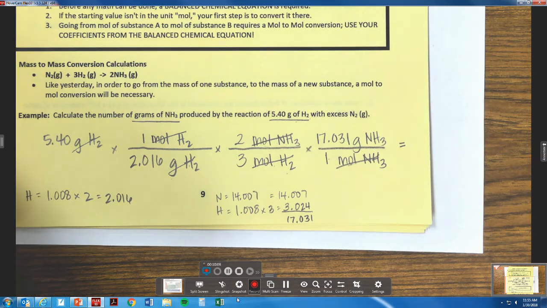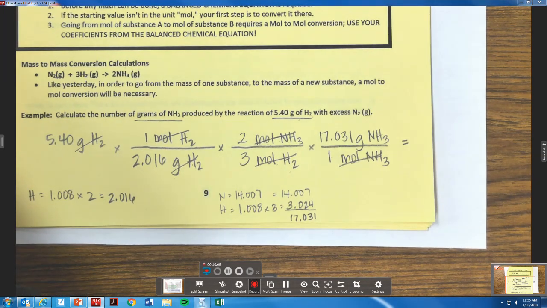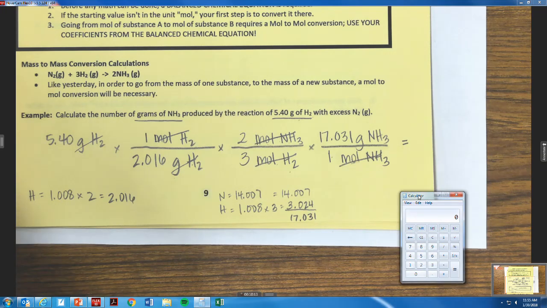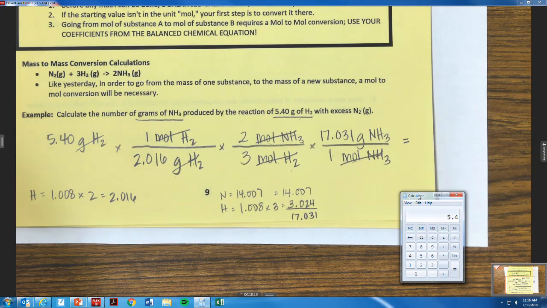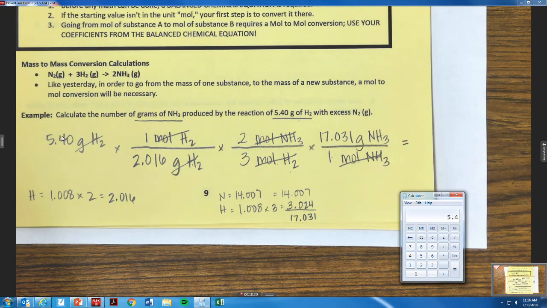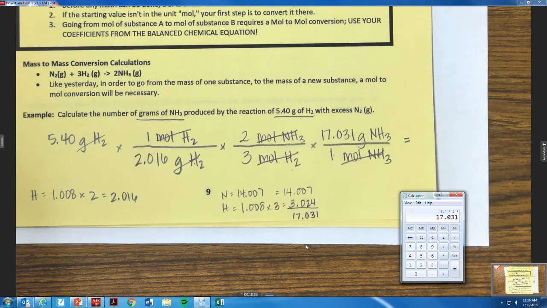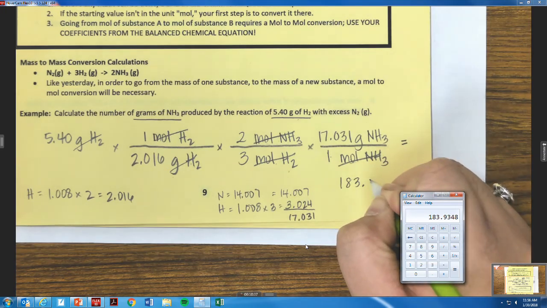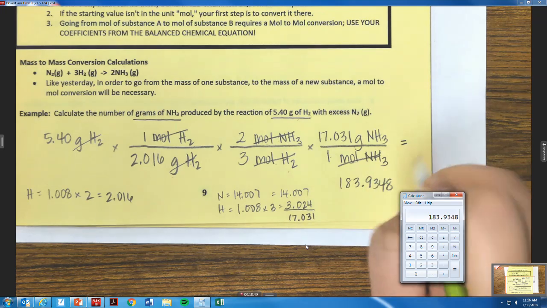I'm just going to use my basic calculator for this since we don't have any scientific notation. I'm going to do all the numbers on top. So that's 5.4 times 2 times 17.031, and we get 183.9348.